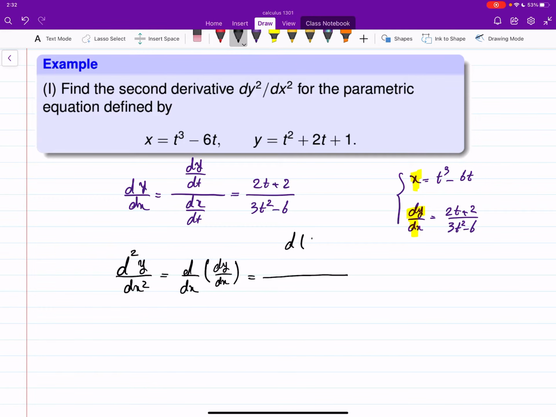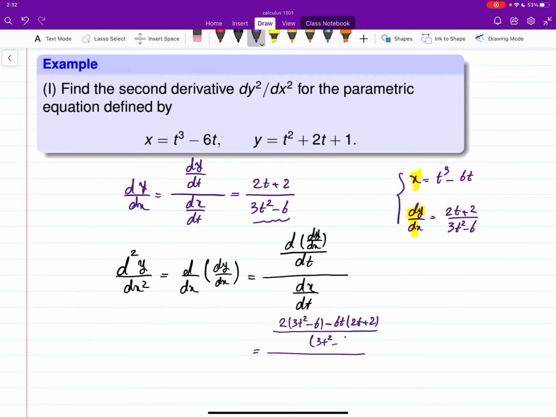So we find the derivative of the first derivative with respect to t, and divide by the derivative of x with respect to t. Okay, this is just the quotient rule. I have to differentiate this one. That is 2 times (3t squared minus 6) minus 6t times (2t plus 2), divided by (3t squared minus 6) squared.